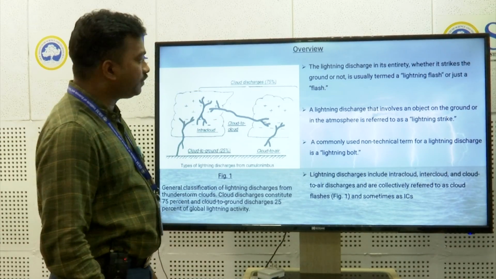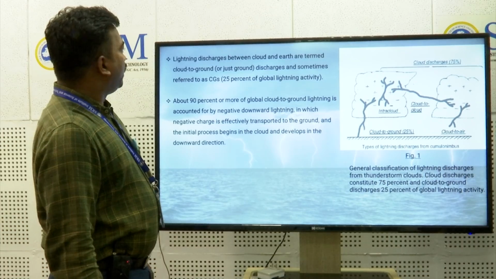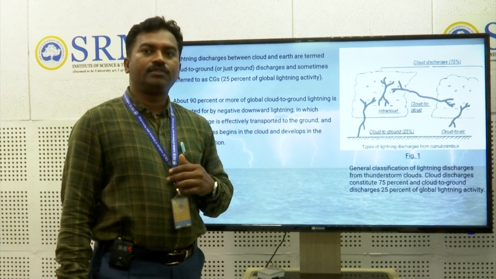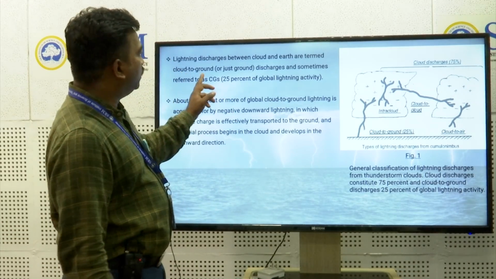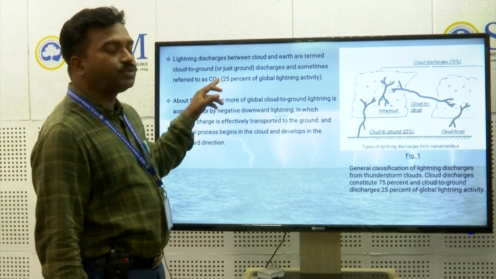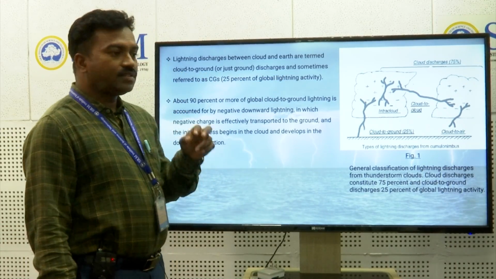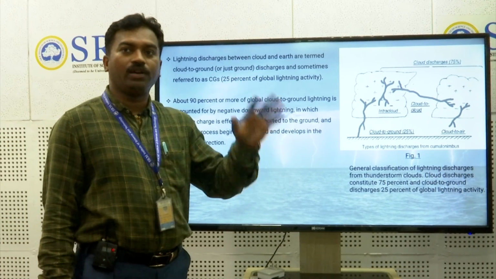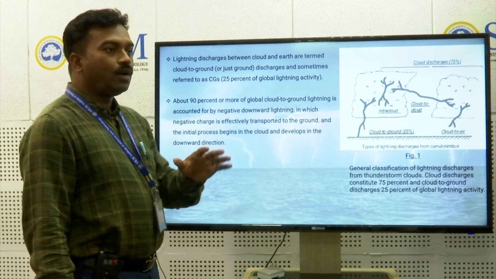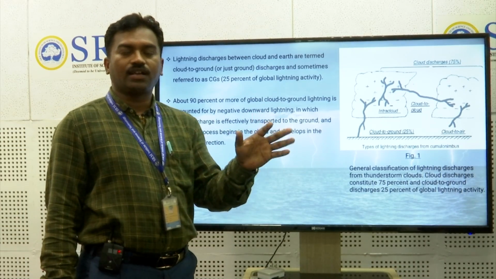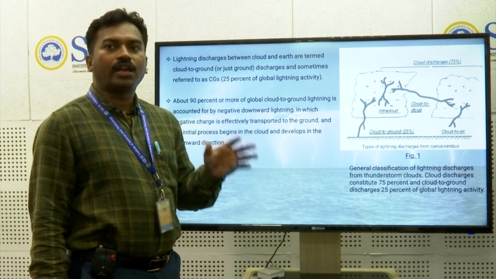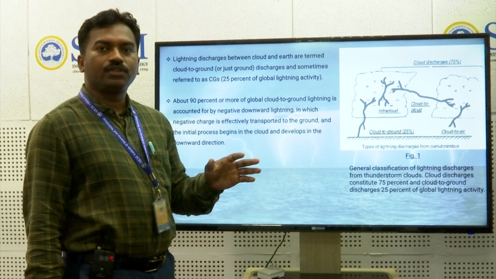Lightning discharges between cloud and earth are termed cloud to ground discharges, sometimes referred to as CGs. These CGs take place in around 25% of the global lightning activity. All other lightning discharges make up 75%, while cloud to ground lightning alone contributes 25%.